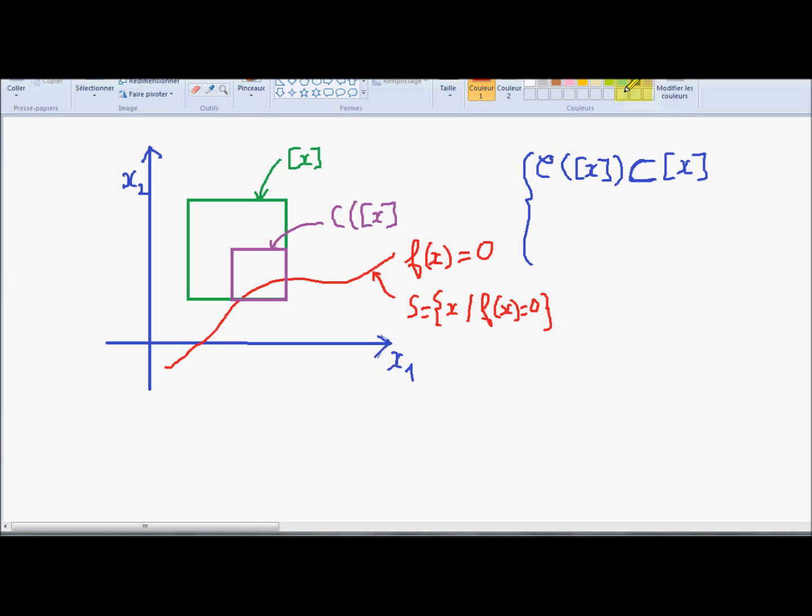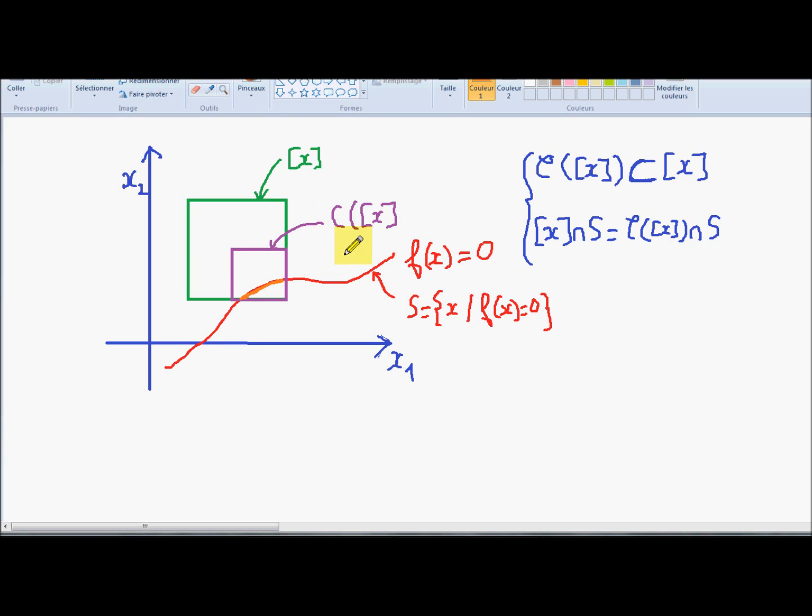Then the other property we should have is that the intersection between X and S is the same as C of X intersected by S. In the picture it is the case: the intersection between X and the set S corresponds to this part of the equation, and it is the same for the contracted box.